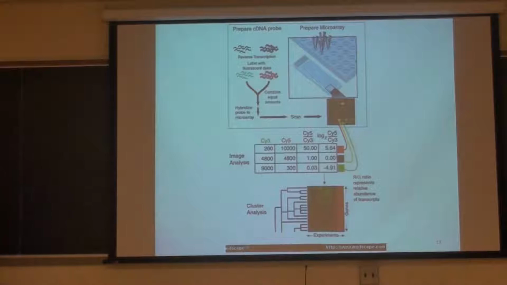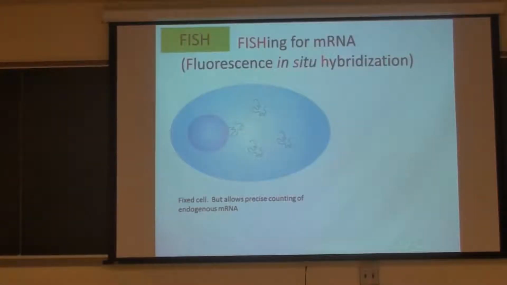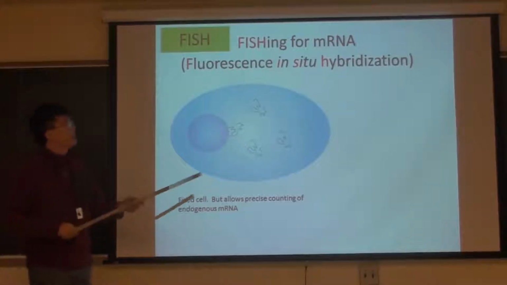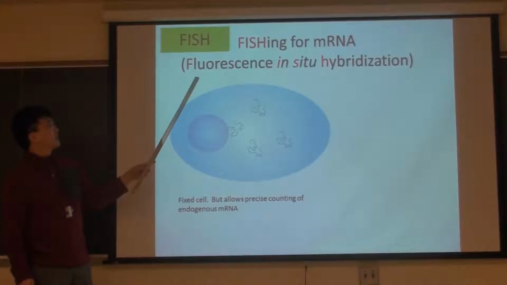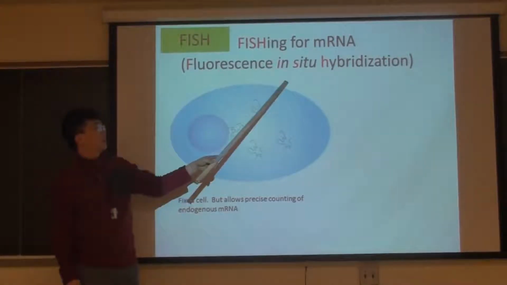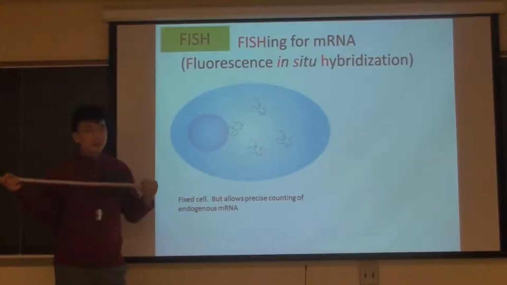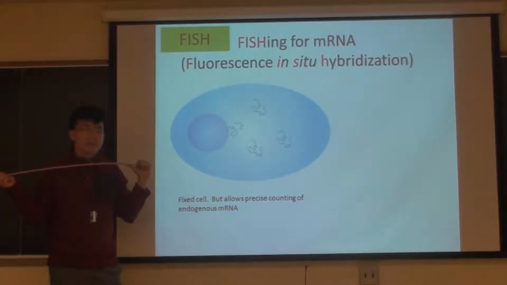So the method that I will introduce next is used to analyze gene expression at the single cell level. FISH is the name, and FISH stands for fluorescence in situ hybridization. What is hybridization?